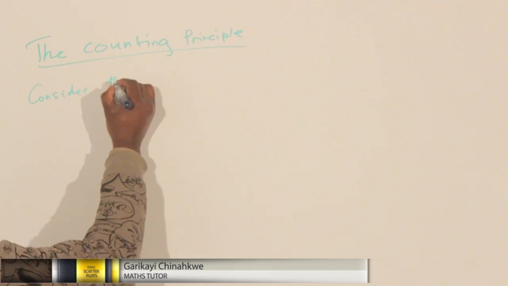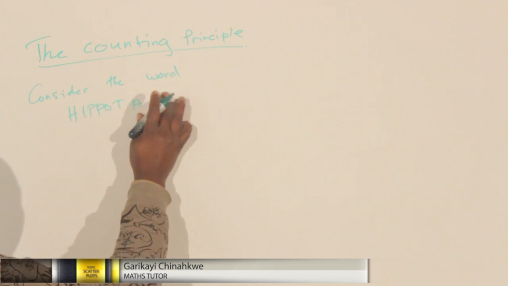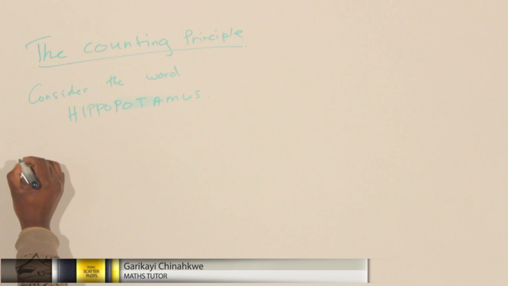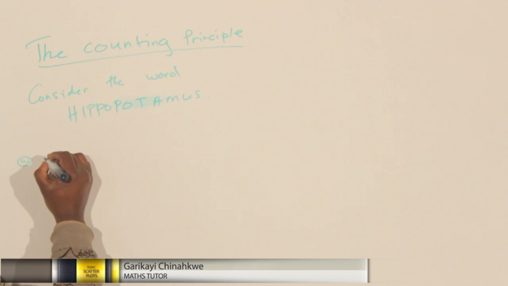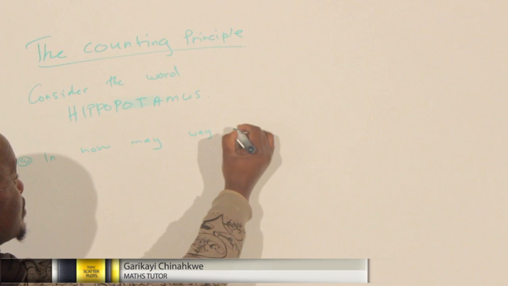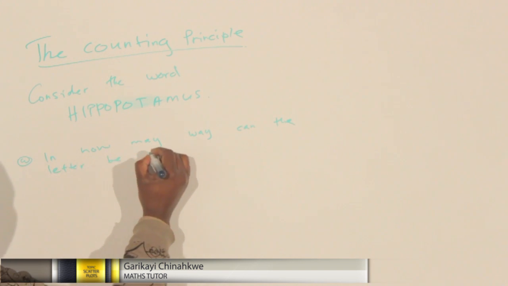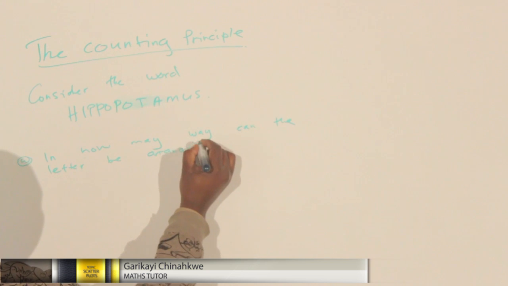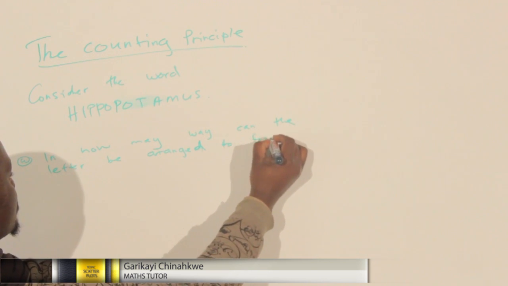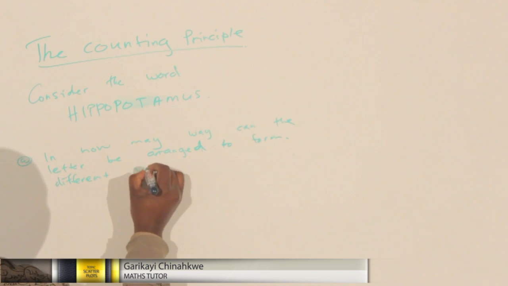Consider the word hippopotamus. Then they're going to ask you a question: in how many ways can the letters be arranged to form different words?